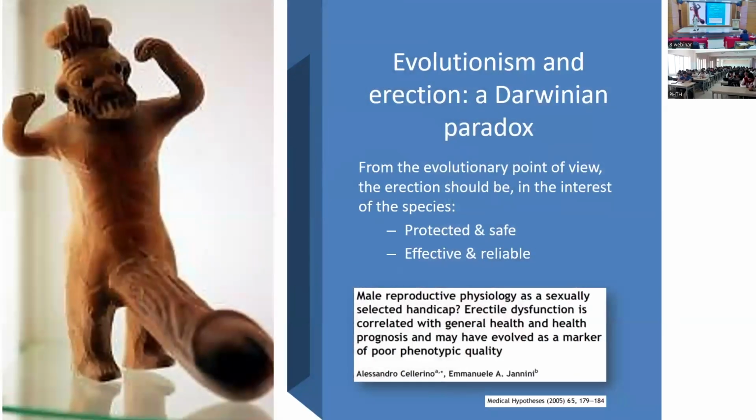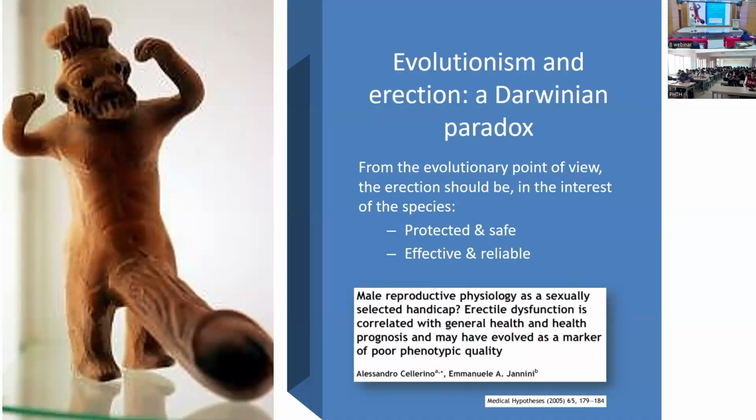Okay, now let's go to another animal, which is the human. And in particular, we are talking about the erection. And we have to face a kind of tragic, tremendous, incredible Darwinian paradox.